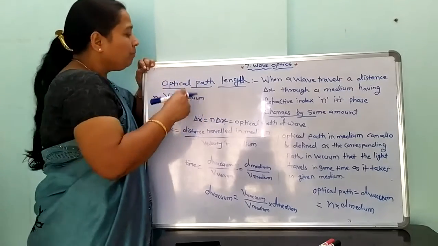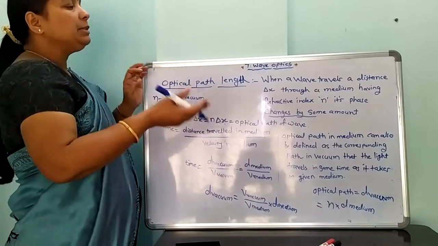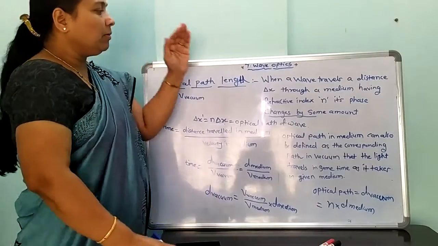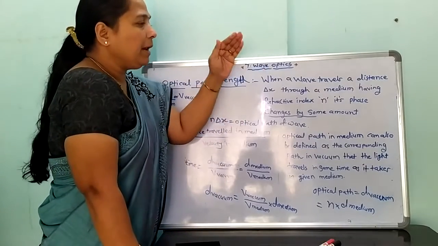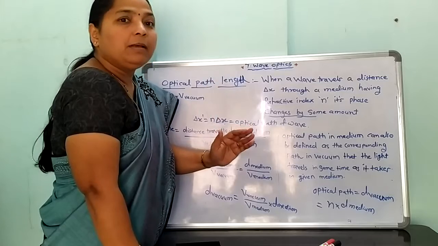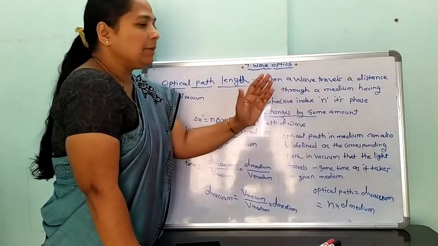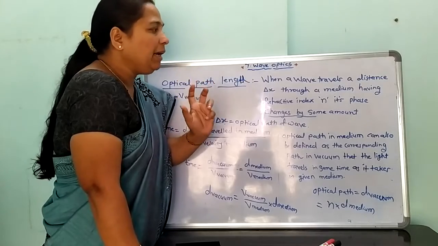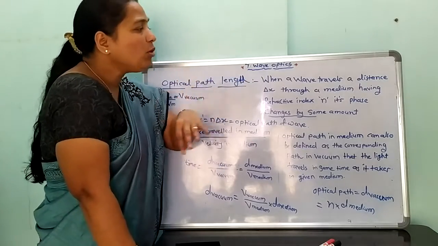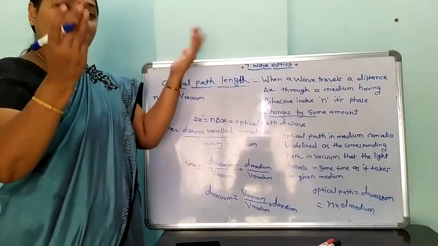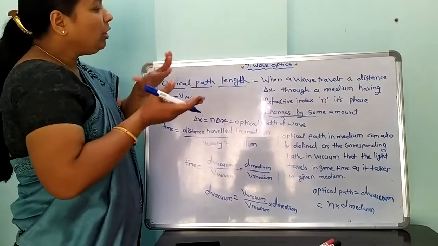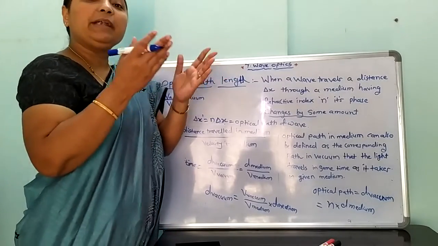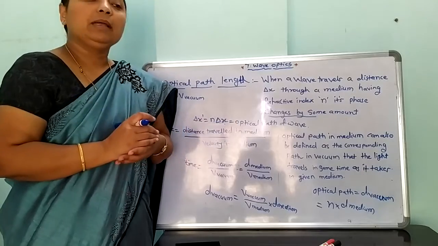Therefore, the phase changes, and alternate bright and dark fringes are obtained in an interference system, on both sides of the central band.